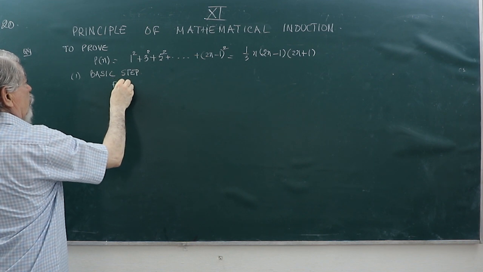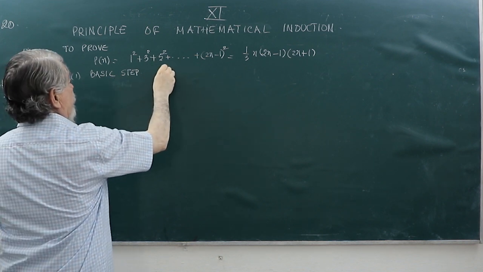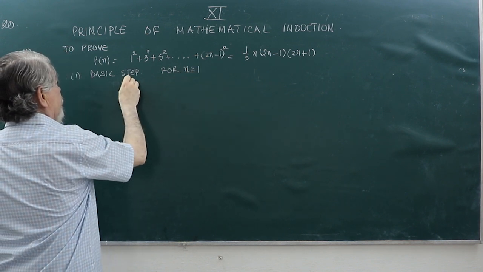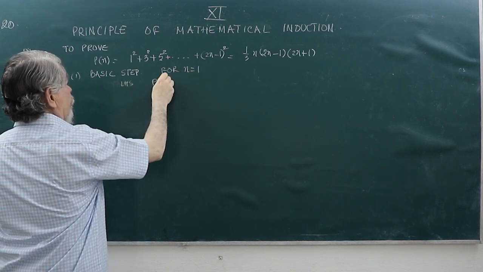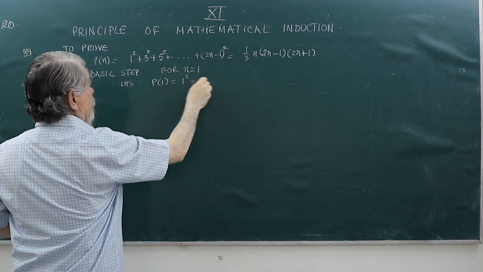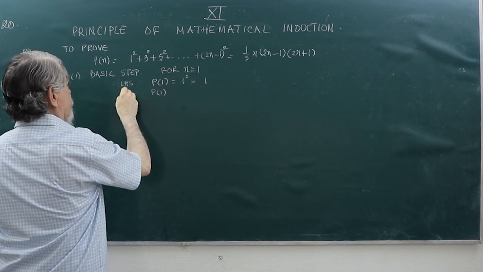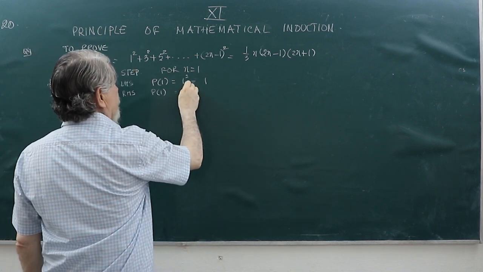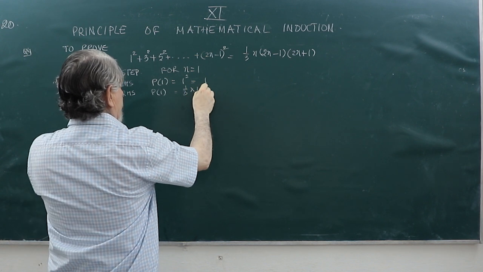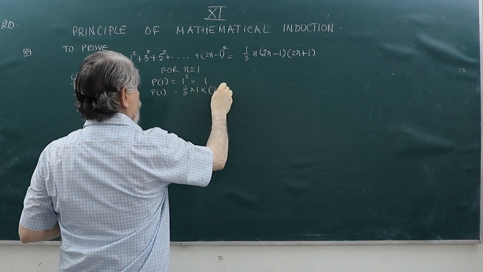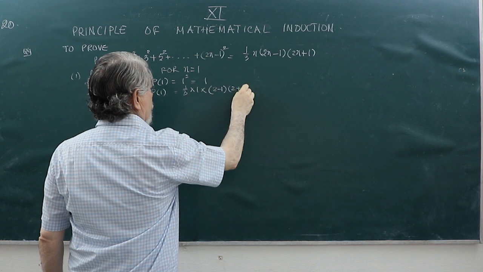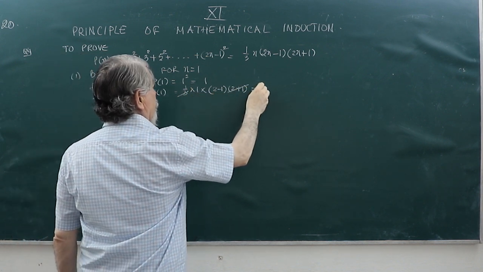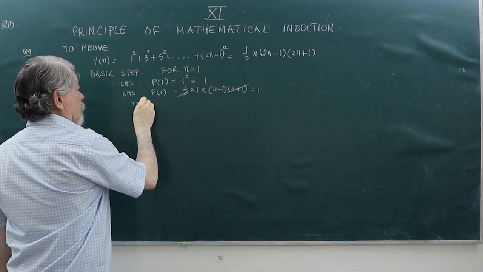For n equal to 1, the left hand side P1 is 1 squared, and on the right I put 1 upon 3 into 1 into (2 minus 1)(2 plus 1), which is 1 upon 3 times 3, which is 1.